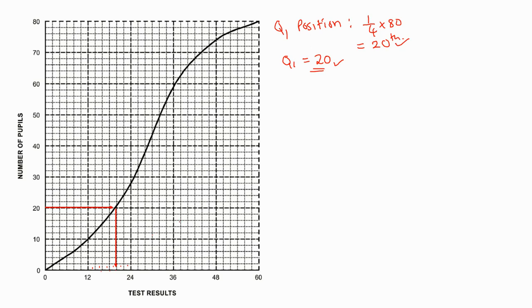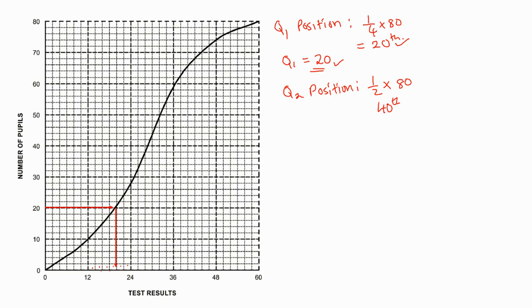Right, and then we move on to the median, which is the Q2 position. The median position is going to be 1/2 of the total number of data set, which is 80, right? And then it means the median is in the 40th position.